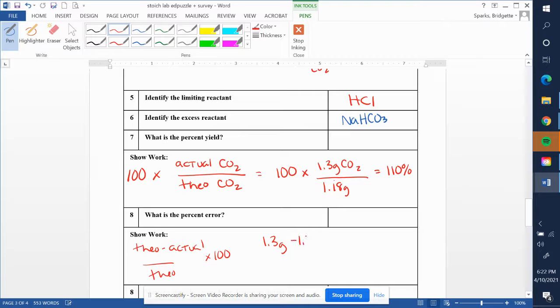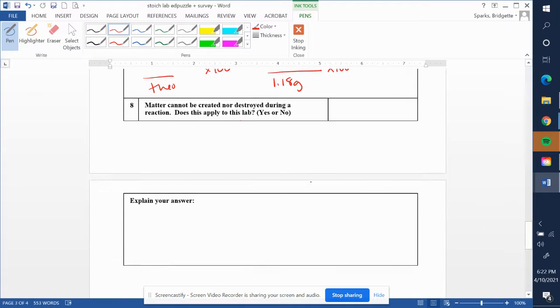I was supposed to make 1.18 grams, and I'm going to divide by the amount I was supposed to make, right? Multiply that by 100, and you're going to see that's 10%, which makes sense. We had 110% yield. We're only supposed to have 100% yield at most, and therefore that extra 10% is our error.